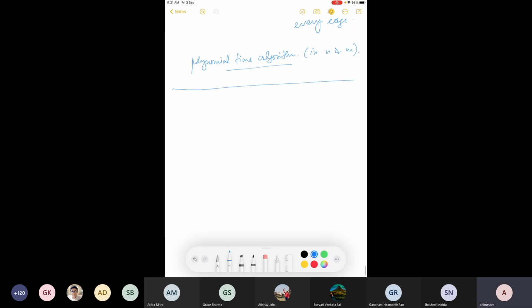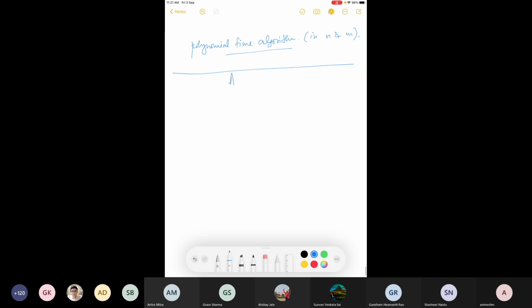So now the first application. The edges of the graph after the DFS has been done can be classified into different types.